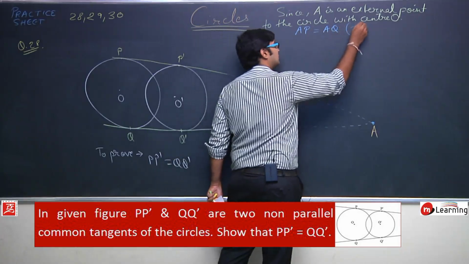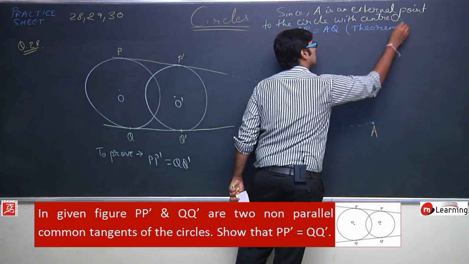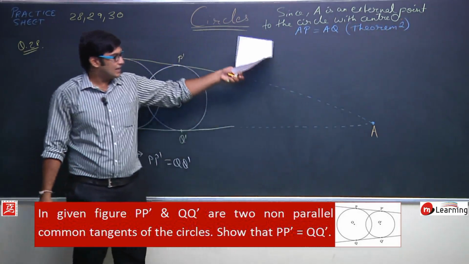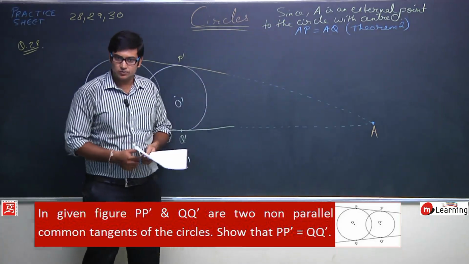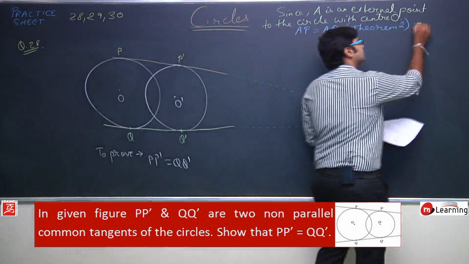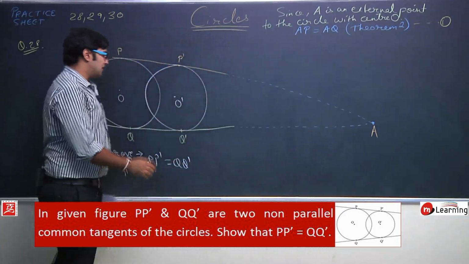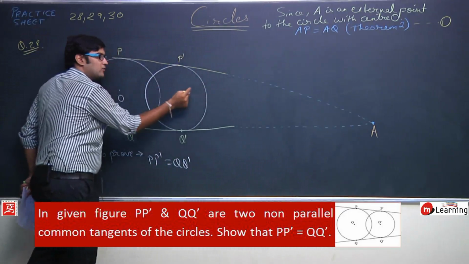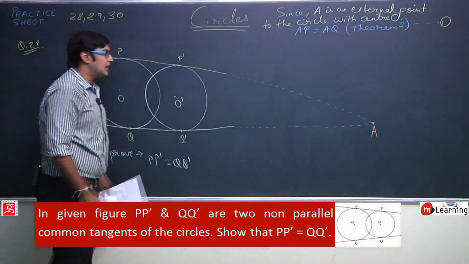Why? By theorem 2, I can say AP is equal to AQ. This is what we have learned in theorem 2. Let us say this is our first condition. Similarly, if you forget about this circle, I can see that A is an external point for the circle with center O dash also.